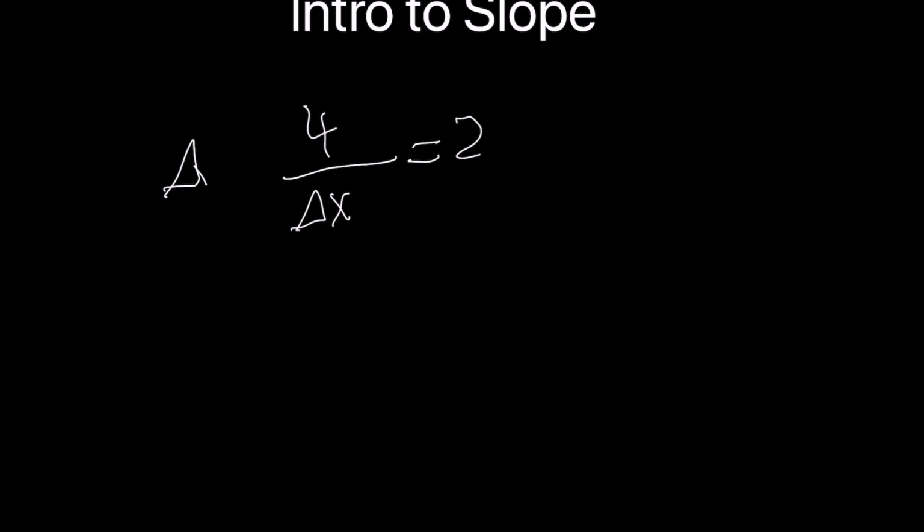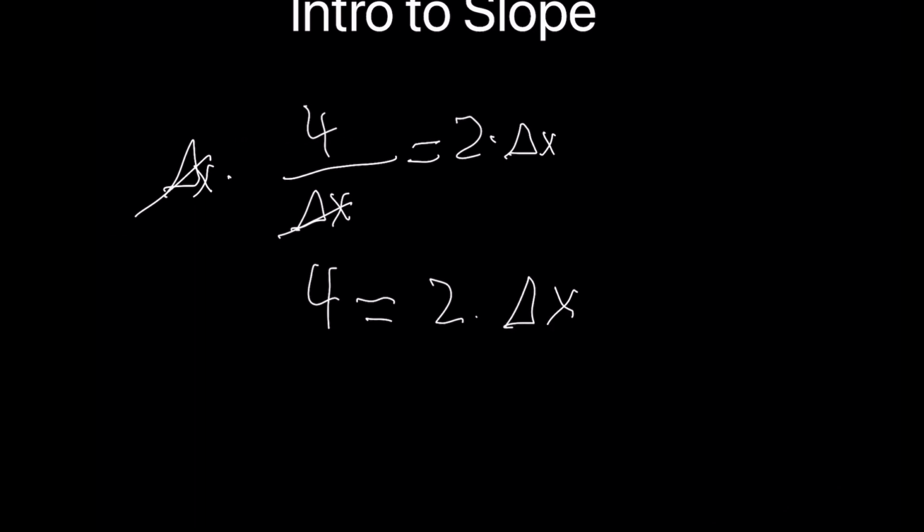So we multiply both sides by delta x to get rid of the delta x in the denominator. So we get 4 equals 2 times delta x. And we isolate delta x on one side by dividing by 2 on both sides. So the 2 on the top and the 2 on the bottom cancel out. So you get 2 is equal to delta x.